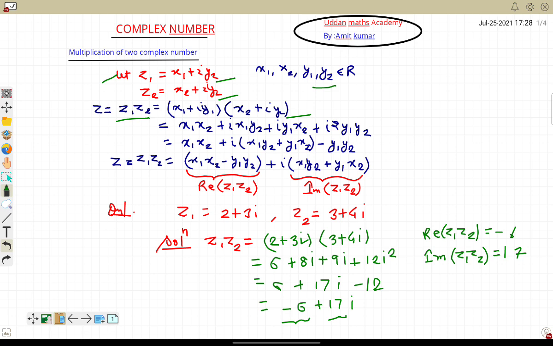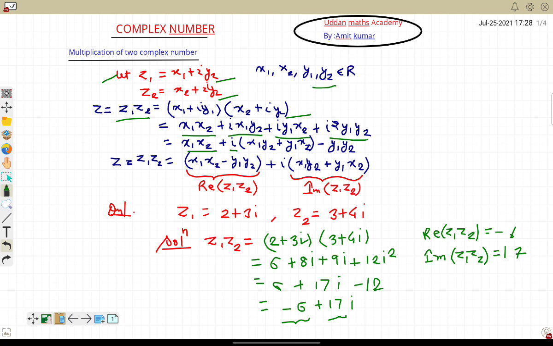So x1 into x2 gives x1 x2, x1 into iota y2 gives iota times x1 y2, iota y1 into x2 gives iota times y1 x2, and the last value is iota y1 into iota y2, so iota square into y1 y2.